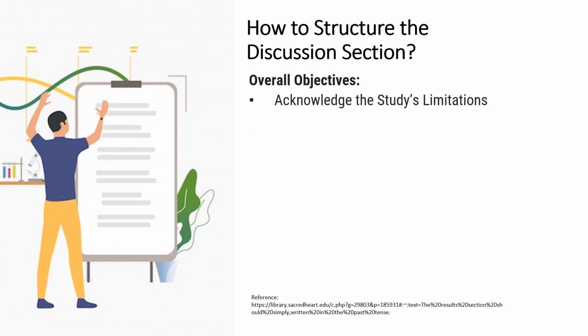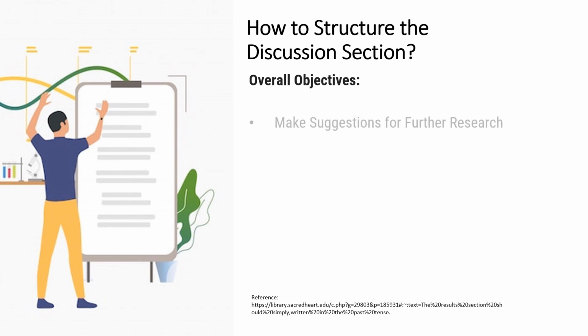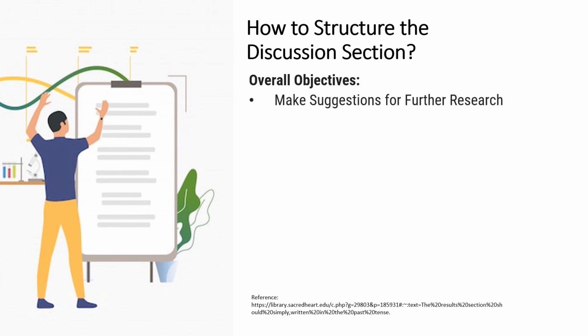And finally, acknowledge the limitations of your study. That is why we have to have a discussion also as to what could be the potential weaknesses and limitations of our study. And just like what I said, make suggestions for further research.